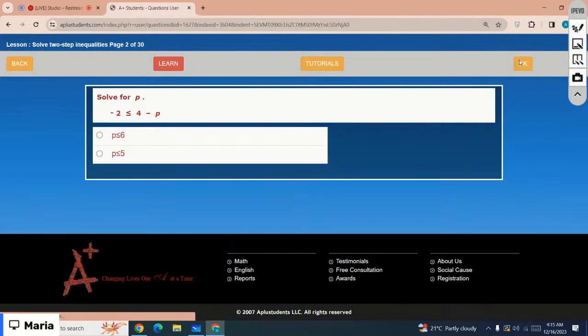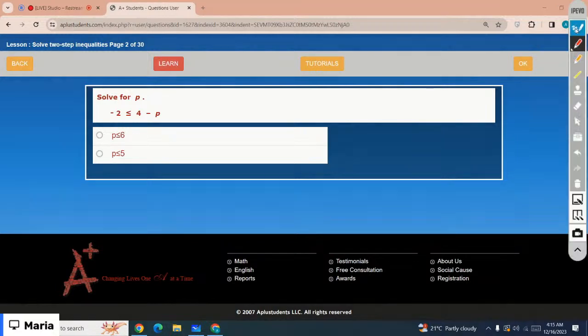Okay, the next one is: solve for p, right? Let's just solve. You have to perform undo operations. You need to isolate the variable. Move negative p to the other side, so that would be negative 2 plus p is less than or equal to 4. Now move negative 2 to the other side, that would be 4 plus 2. You can see this is step 1, this is step 2. That's why it is called a two-step inequality, right?